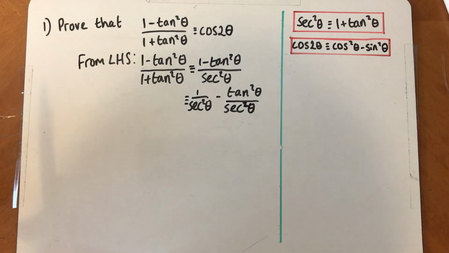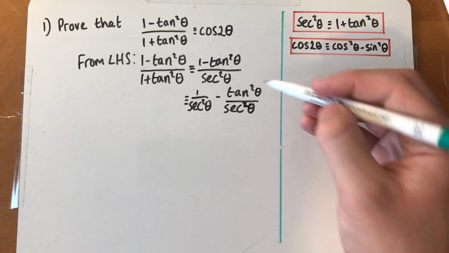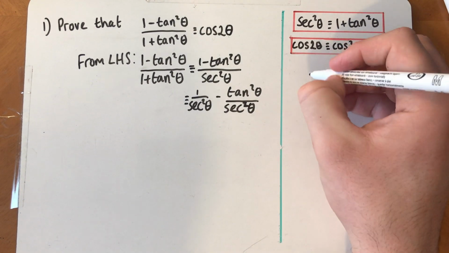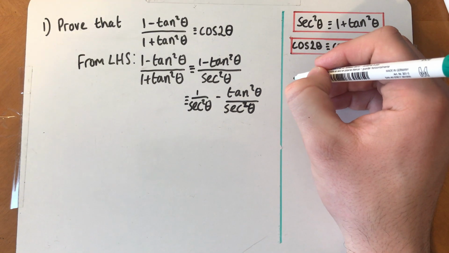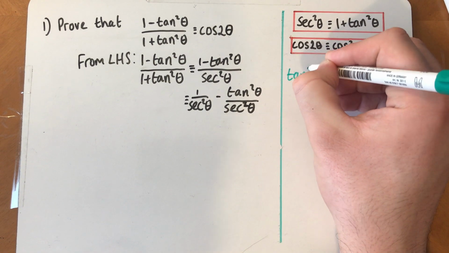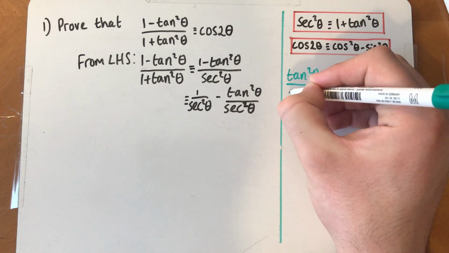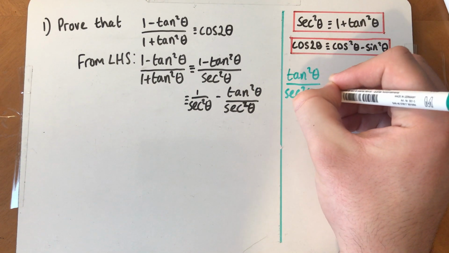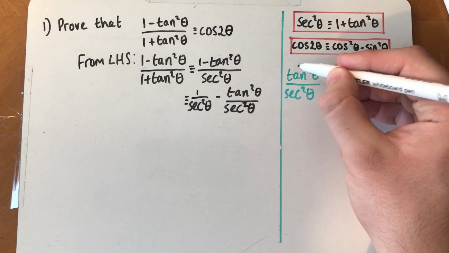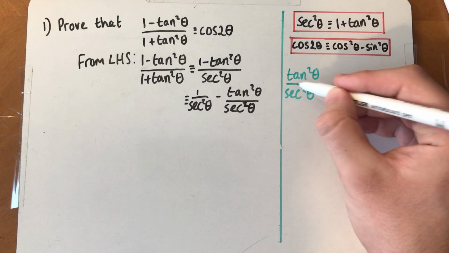Now, because this part can get a little bit tricky, I'm going to bring it off to the side: tan squared theta over sec squared theta. Let's think about what the constituents of tan and sec are.